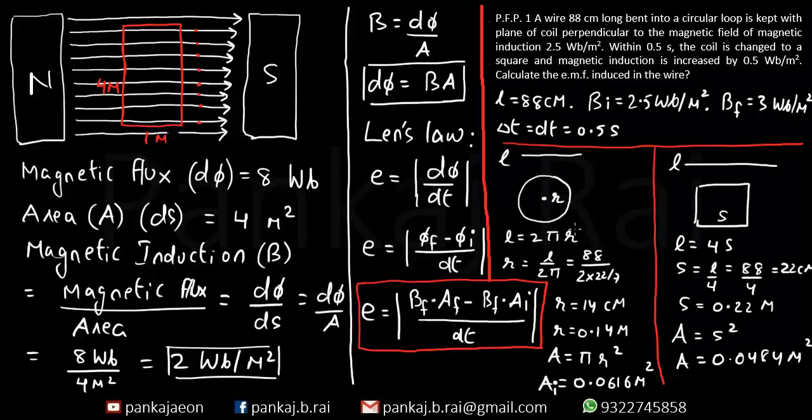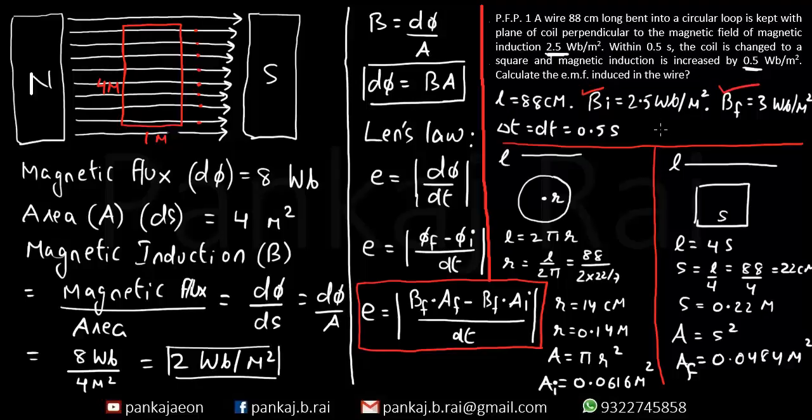So I can say that this is the initial area of the coil, which was in the form of a circular loop, and this is the final area of the coil, which is in the form of a square. So what do we have here now? Initially magnetic induction was 2.5 Weber per meter square, and then it has been increased by 0.5. So we have the initial and final magnetic induction.